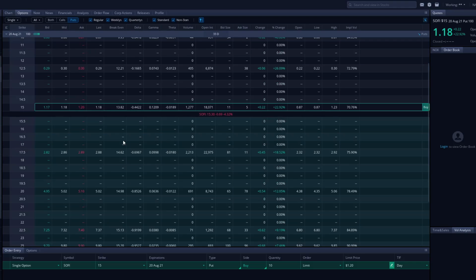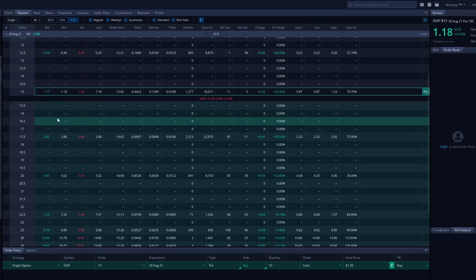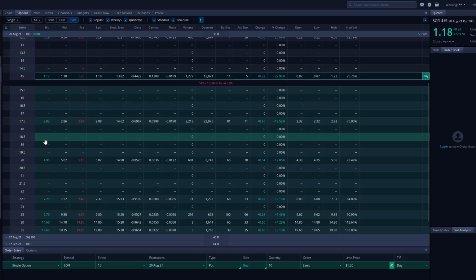Now, nice thing about this is that, again, if the price were to go up, which I'm assuming that you hope it does because you already have 100 shares, if the price were to go up or even stay at $15.30, you will collect your premium of $120, and that will be it. You have no obligations to do anything.